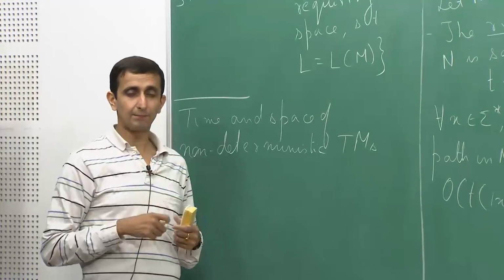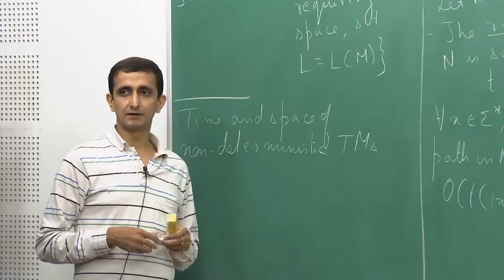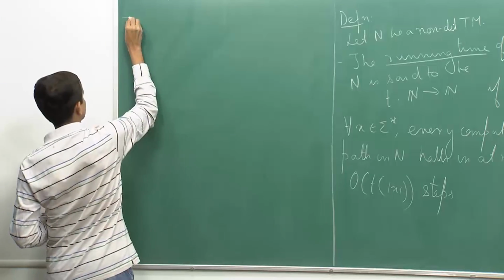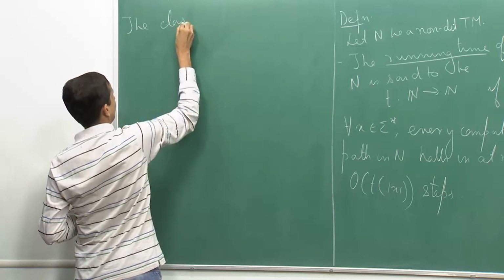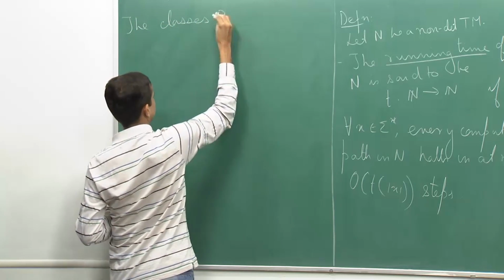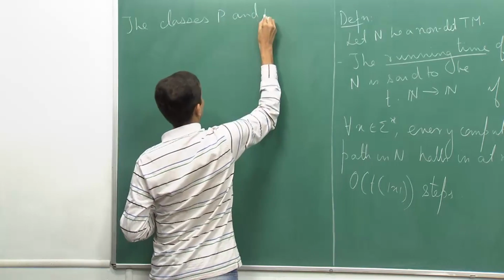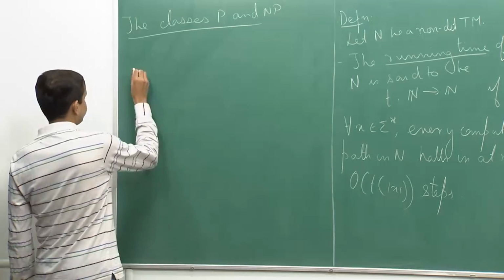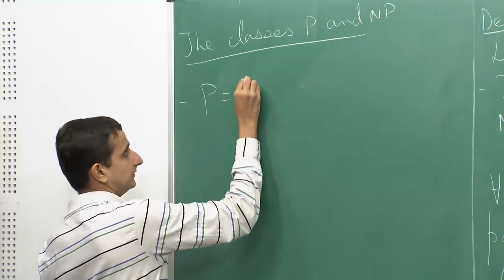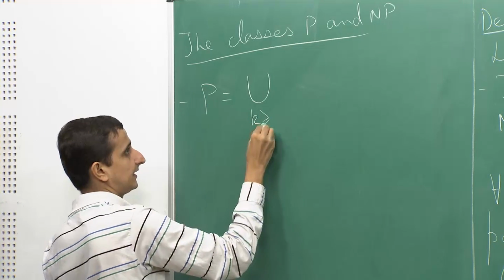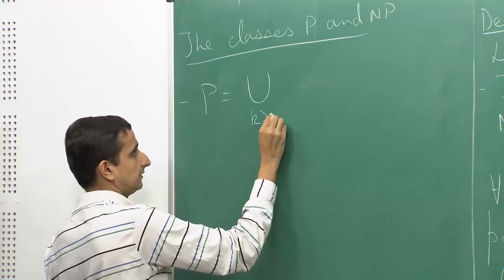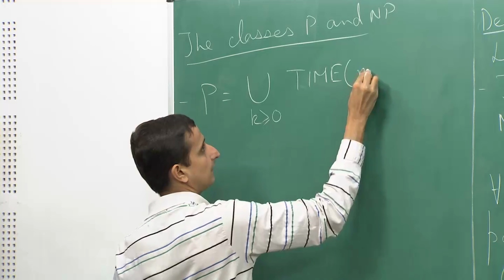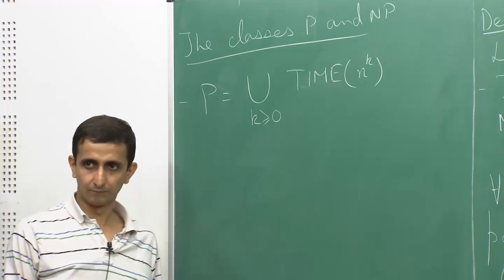In fact, we will define the popularly known classes P and NP. So, P is defined as the union over all k greater than or equal to, let us say, 0 of TIME of n raised to the power k.